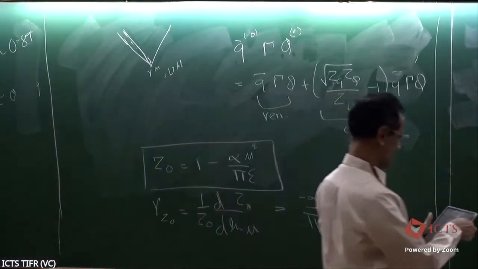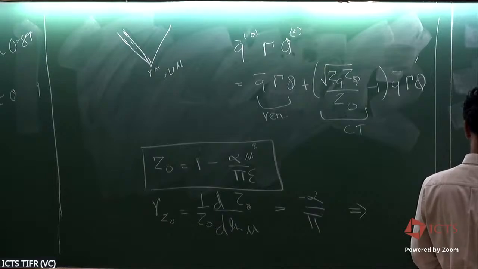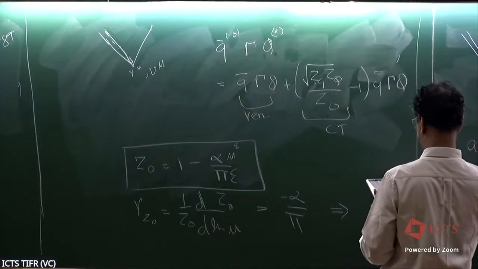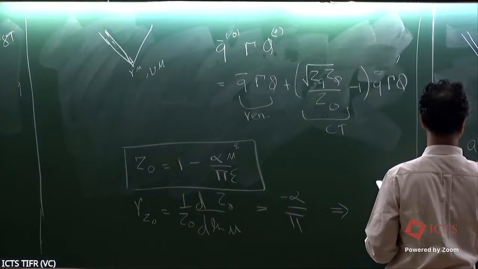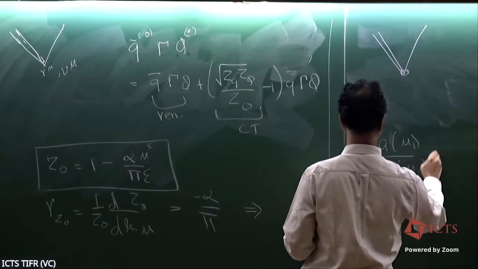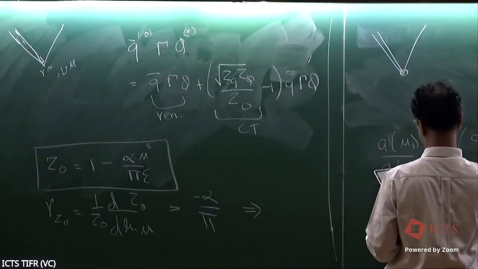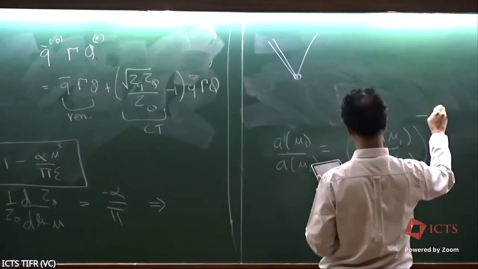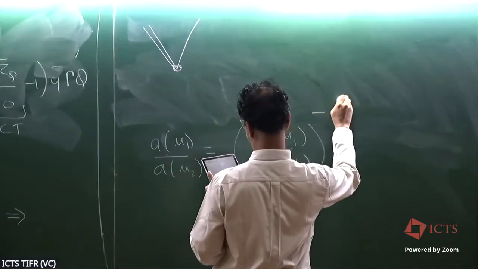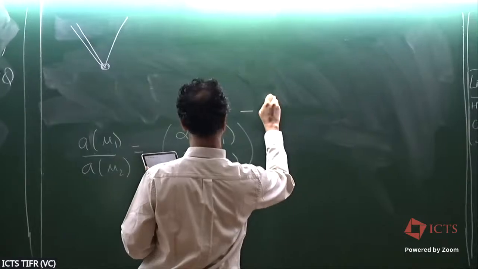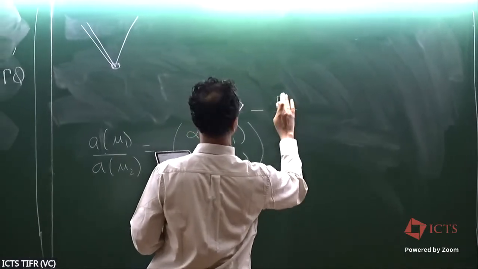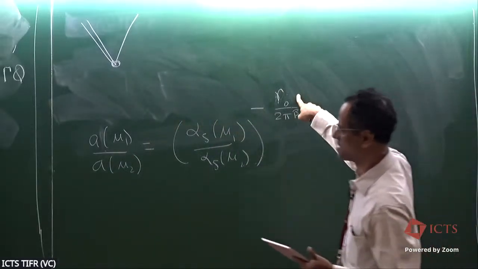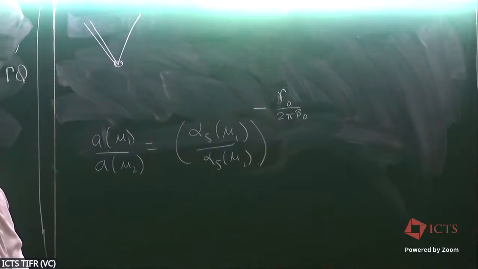The upshot being that this is related to the QCD beta function, and this is the anomalous dimension that we compute.